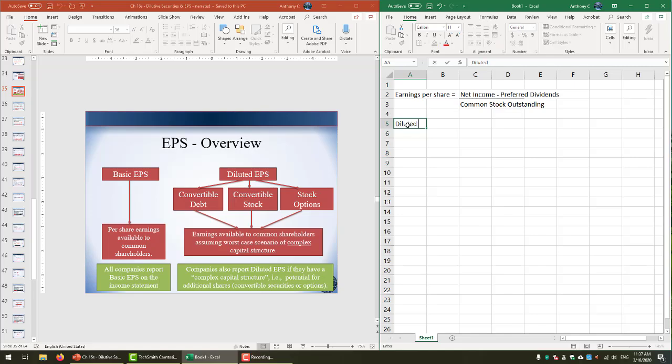Diluted EPS is kind of like a worst case scenario. It just proposes that if all of these convertible securities were converted to common stock, then what would our EPS be? So diluted EPS is just EPS if all convertible securities were converted.